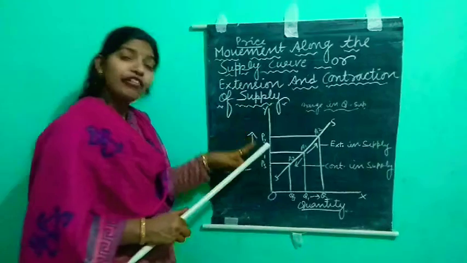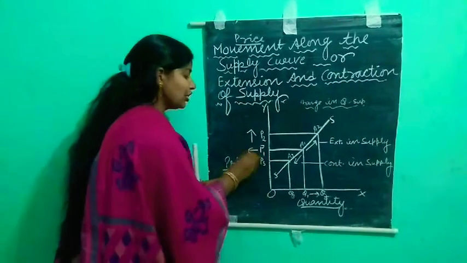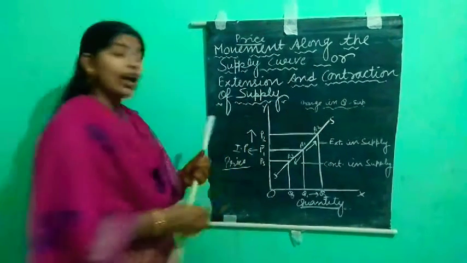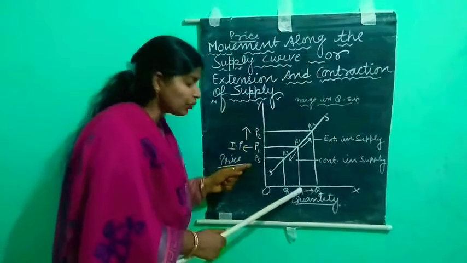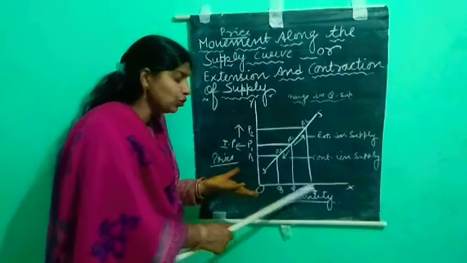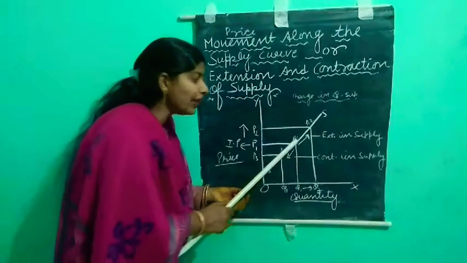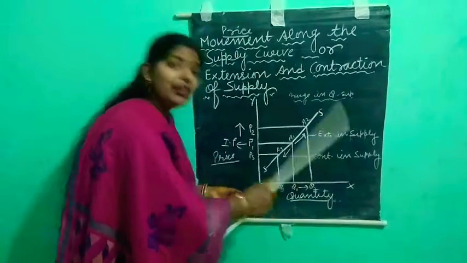Is it clear? If price rises from P1 to P2, then quantity supplied also rises from Q1 to Q2. This is known as extension in supply.